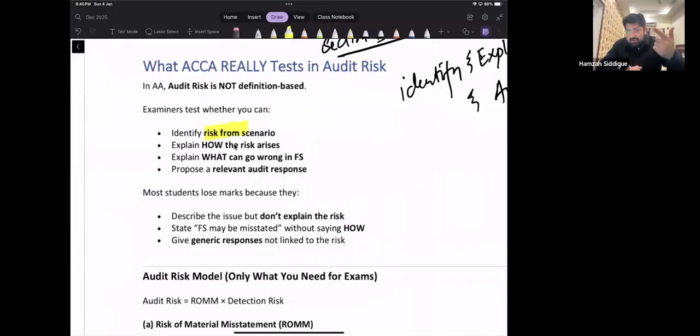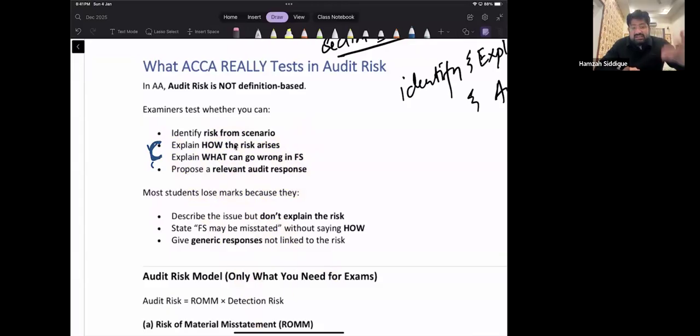It means you need to identify what the examiner is testing, and you need to explain each audit risk. This is the explanation part.